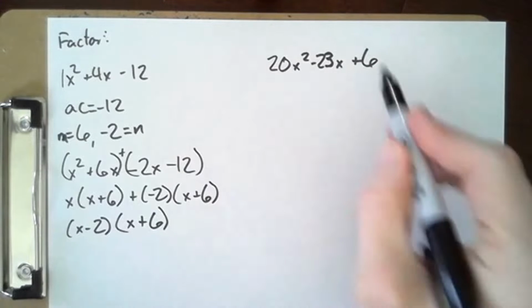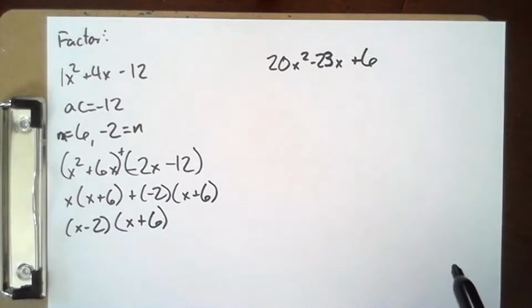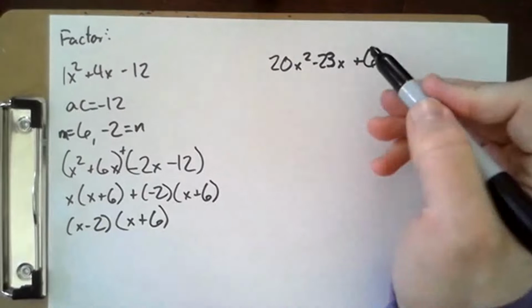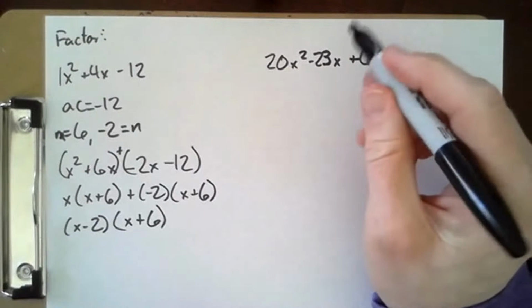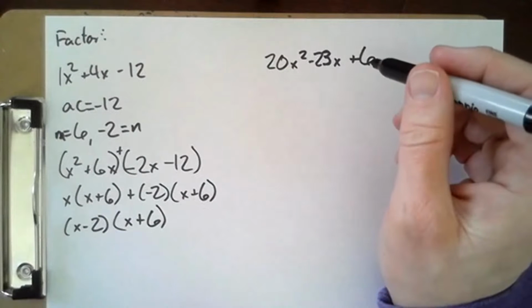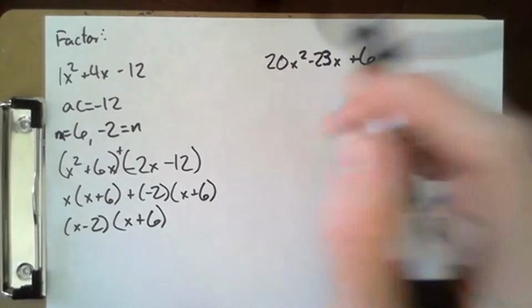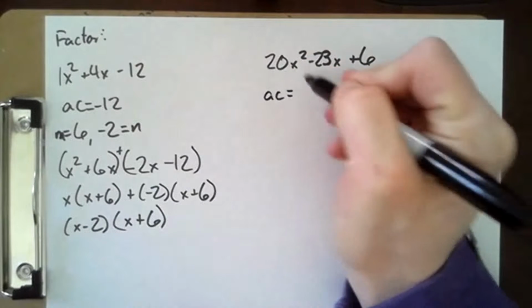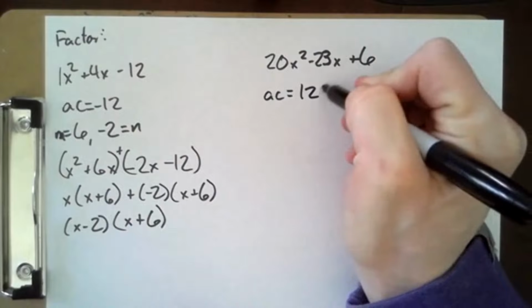We do the same thing with 20x squared minus 23x plus 6. Okay, so we are looking for two numbers. ac is going to be 20 times 6, which is 120.